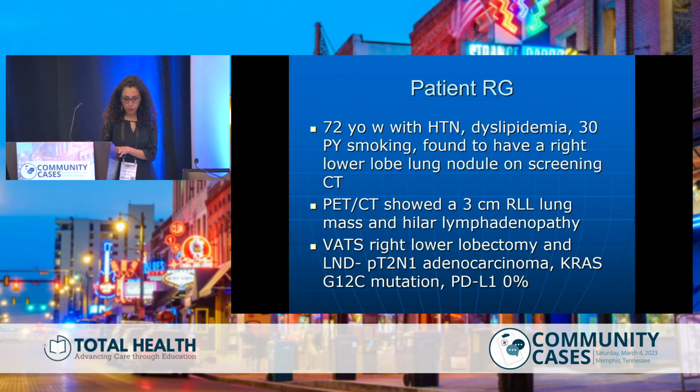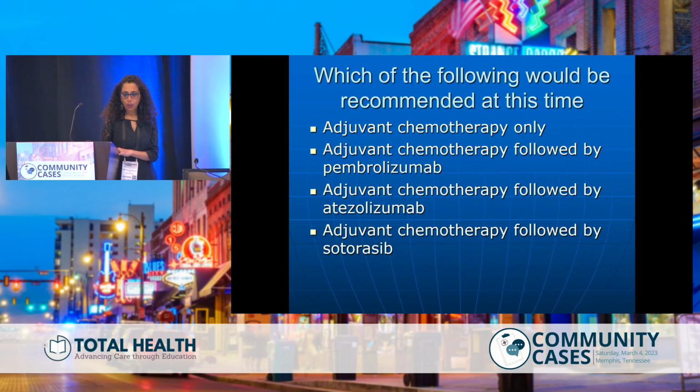He undergoes surgery, and the tumor is T2N1 adenocarcinoma, KRAS G12C mutated. Which of the following would be recommended? Adjuvant chemotherapy alone, adjuvant chemotherapy followed by pembrolizumab, adjuvant chemotherapy followed by atezo, adjuvant chemotherapy followed by sotorasib.